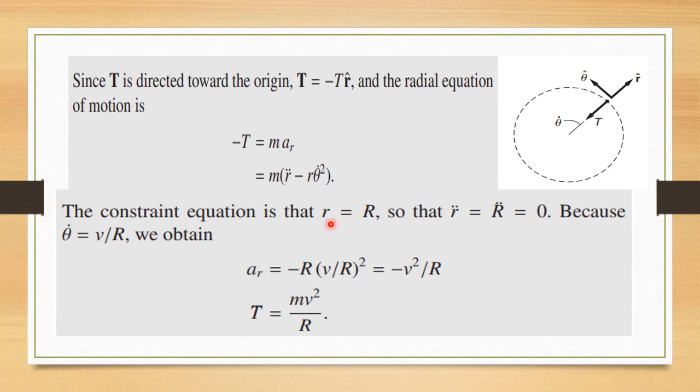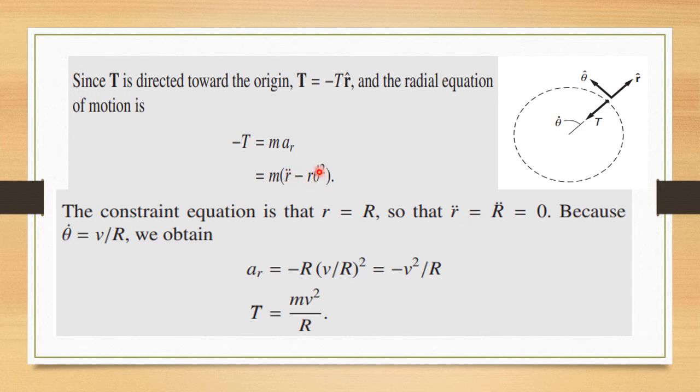R, the length of that string, is a constant, which is not changing with respect to time. Therefore R double dot is equal to 0. There is no variation of R with respect to time, so this term is 0.